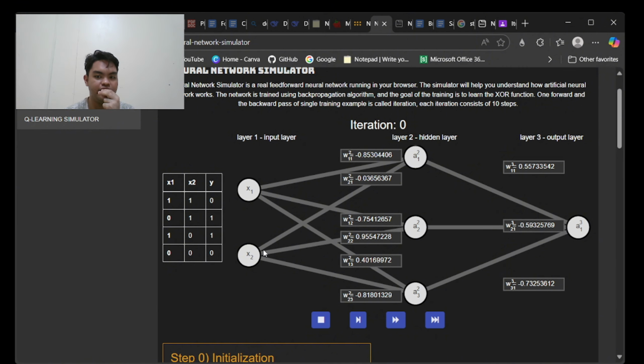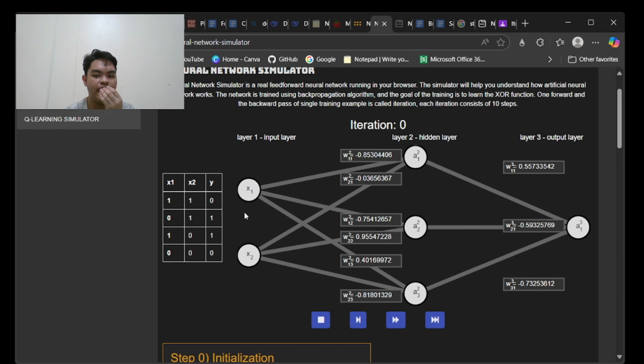We have here the feed-forward neural network that is designed to learn the XOR function, a classical problem in neural network training that requires a hidden layer to solve. First, it's separated into three parts. The first layer is the input layer.